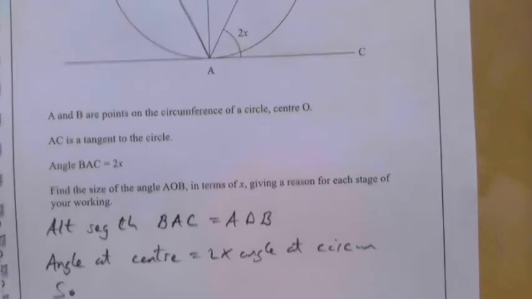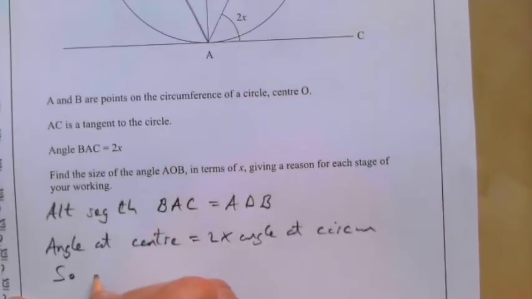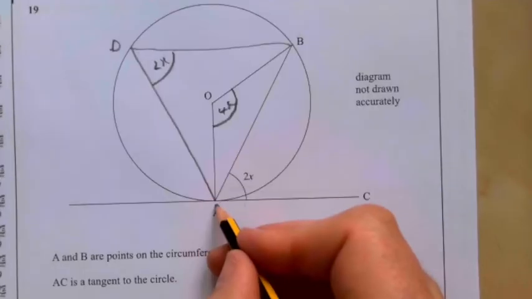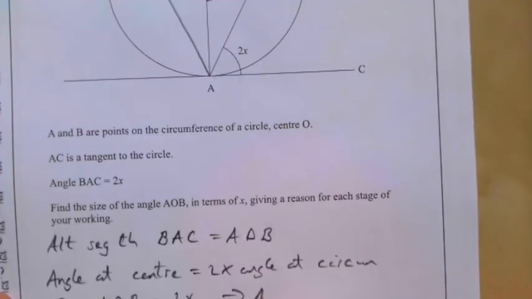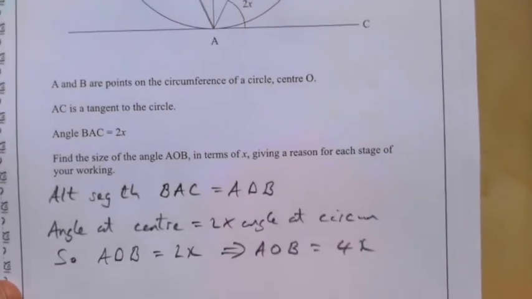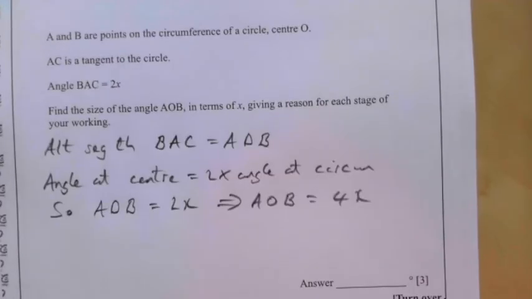So ADB equals 2x. That gives us then AOB equals 4x. And I think that sort of explains what we're doing. So that's 4x.